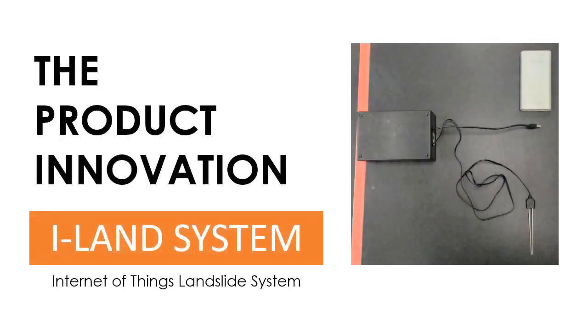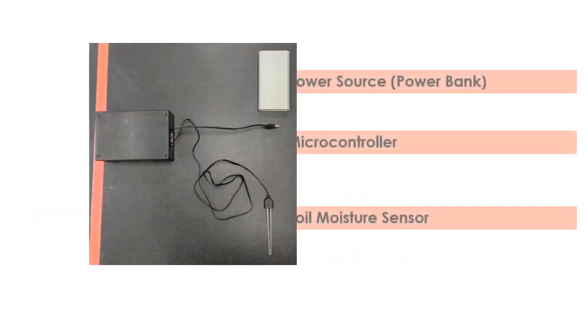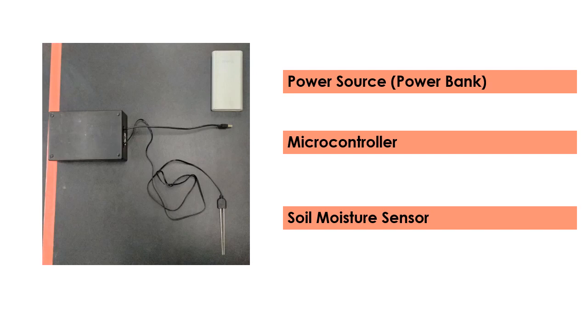We call it Island System, short for Internet of Things Landslide System. It is a simple yet sophisticated device we built. Why I say simple? Well, it only needs 3 components, mainly the soil moisture sensor to detect soil moisture.